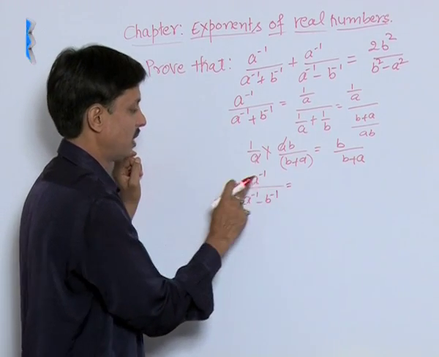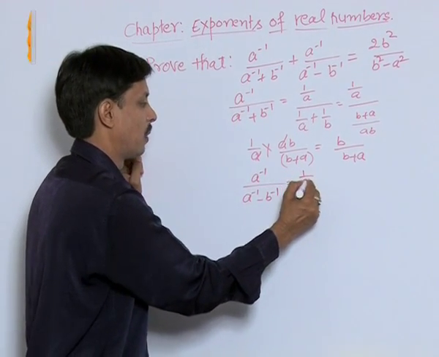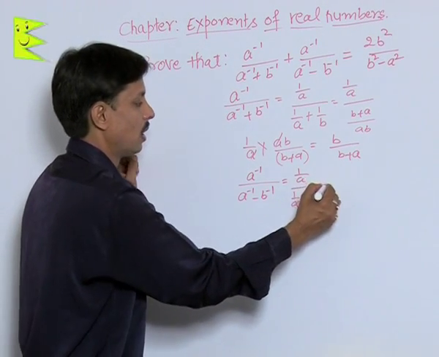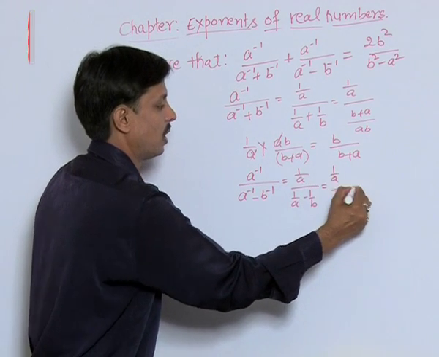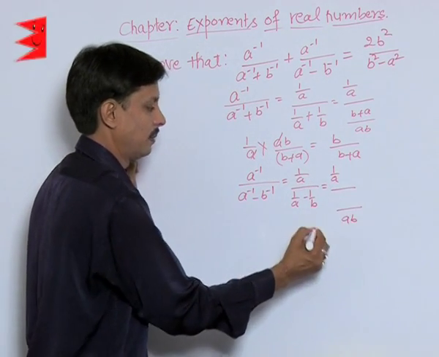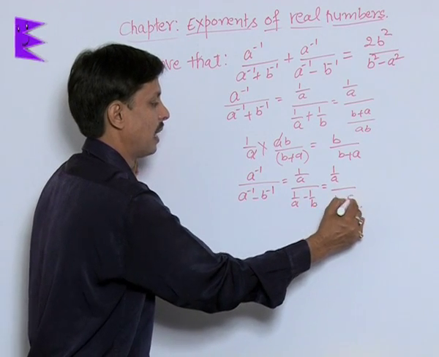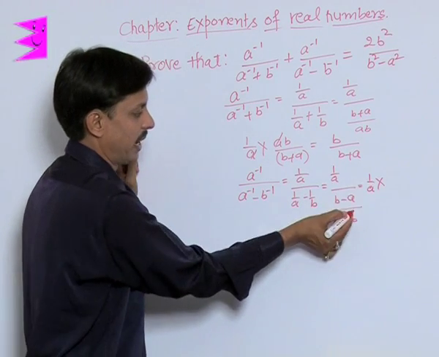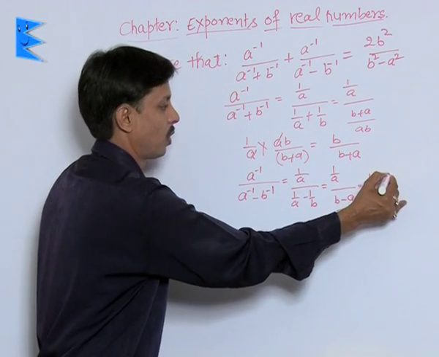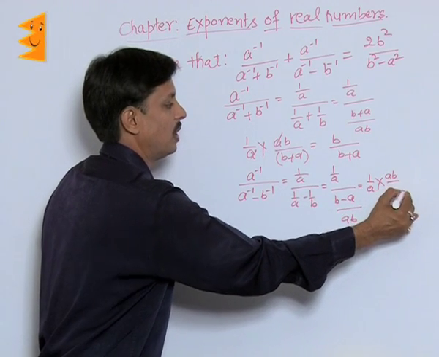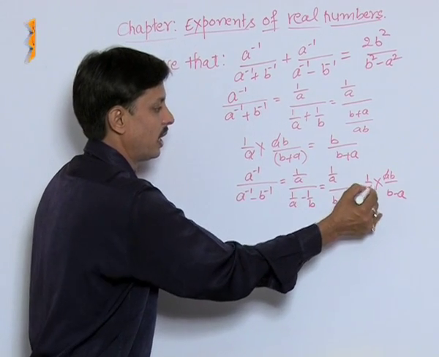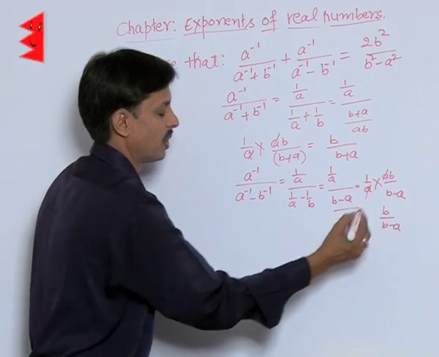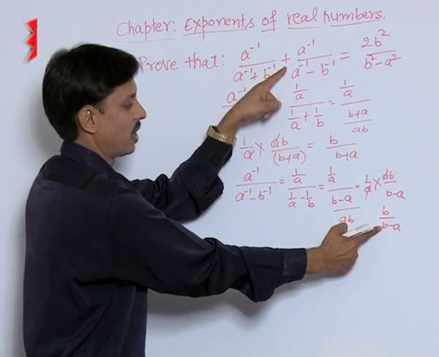This can be written as 1 upon a divided by 1 upon a minus 1 upon b, which is 1 upon a divided by ab as LCM, and the answer here will be b minus a, which can be written as 1 upon a multiplied by this denominator's reciprocal, that is ab upon b minus a. Here a and a get cancelled. What is left? B upon b minus a. This is the simplified form of the second term.